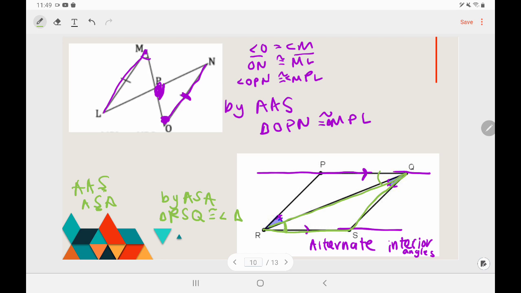So the green angle corresponds to angle Q on my second triangle. So QS would be matched to P. If I reflected it over, or if it's a rotation more than a reflection, P and R. And there we go. That's it.